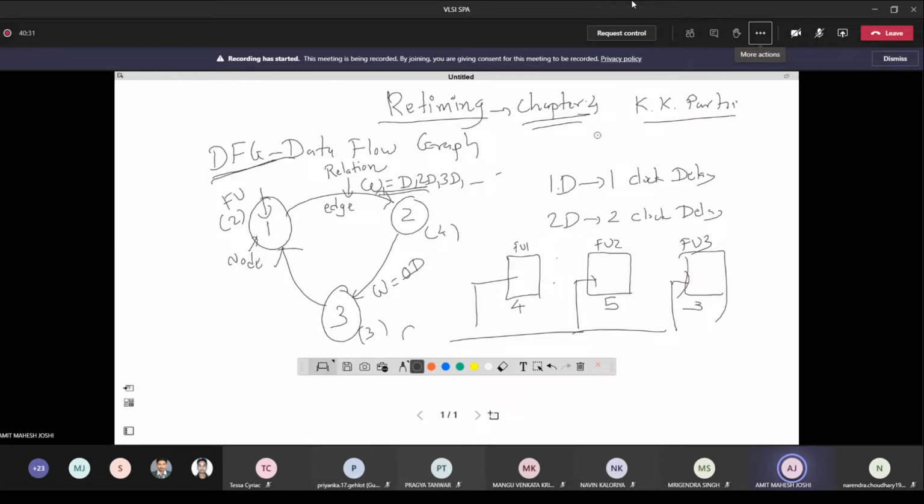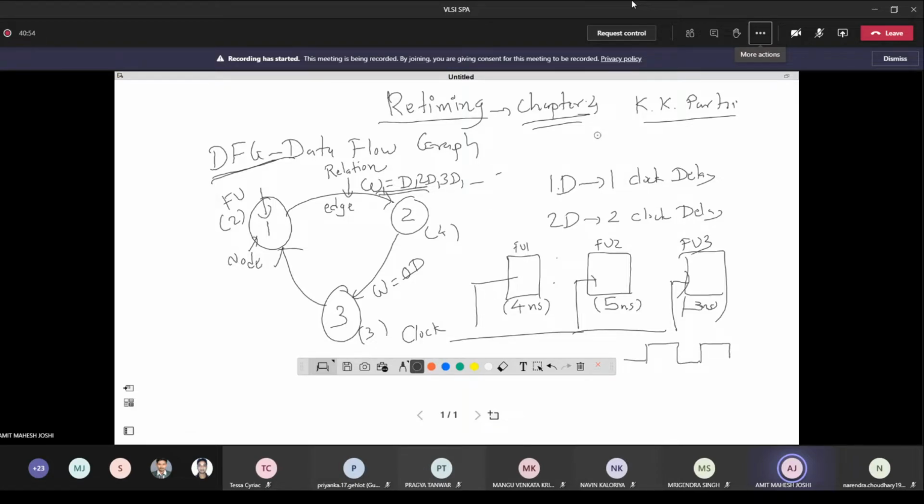Now I need to provide the clock to this particular system. Consider that this is a 4-unit delay, or just for better understanding, define that it is in nanoseconds. So this is the delay of the functional block, which means this particular block requires this much time of your clock.